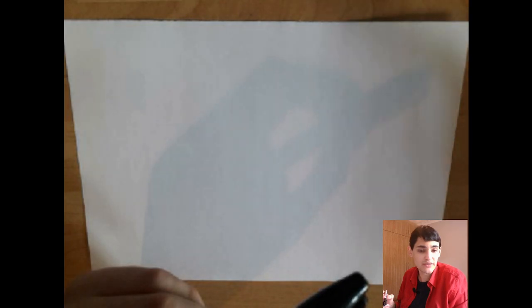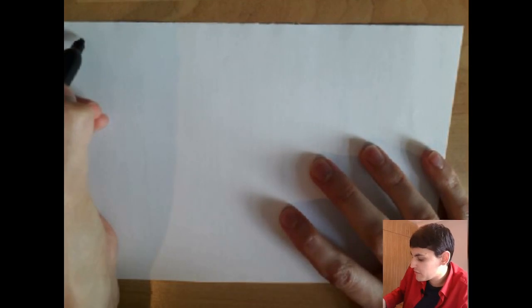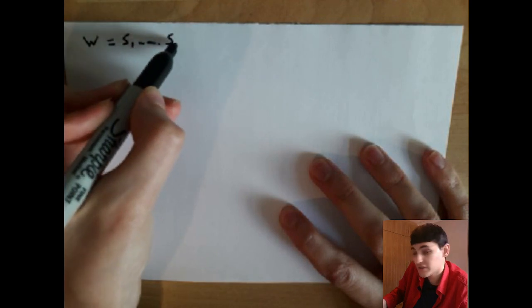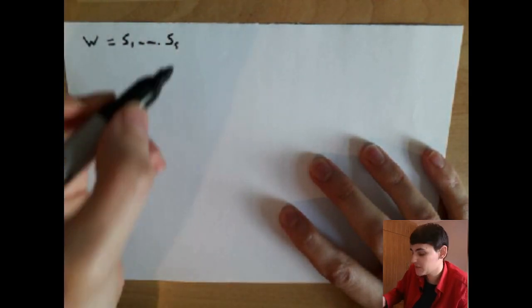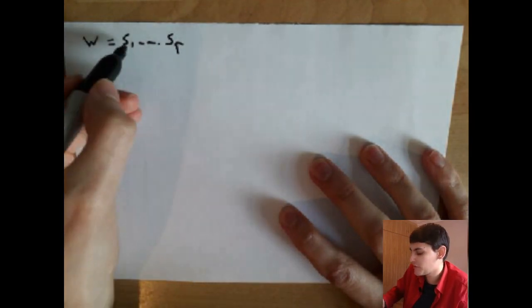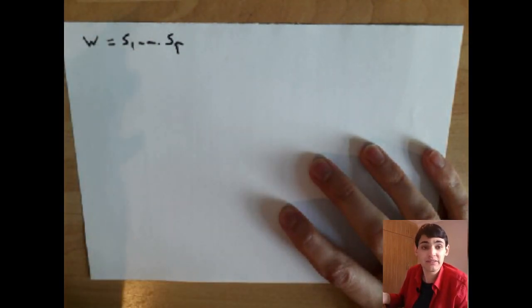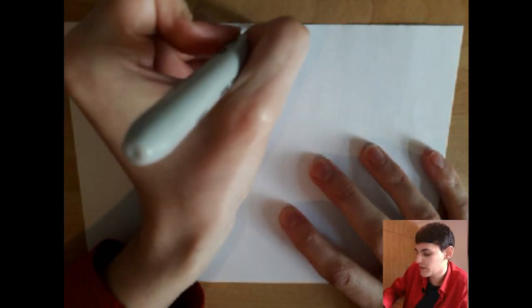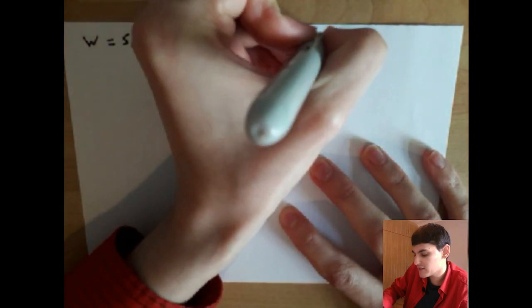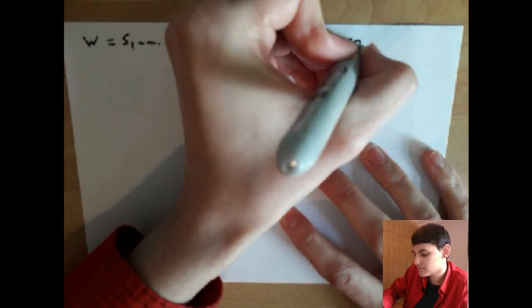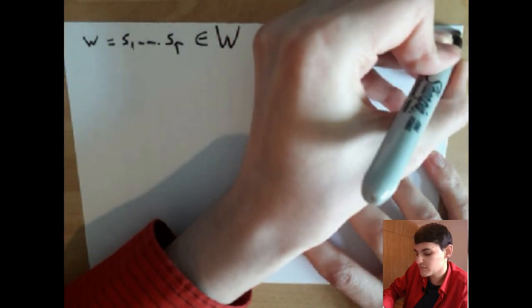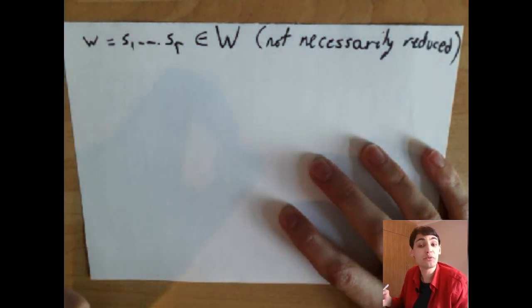They say that if we let W equal S1 up to SR, so let W be some element, in a Coxeter group W, and this is not necessarily reduced, so it might not be in its minimal form.